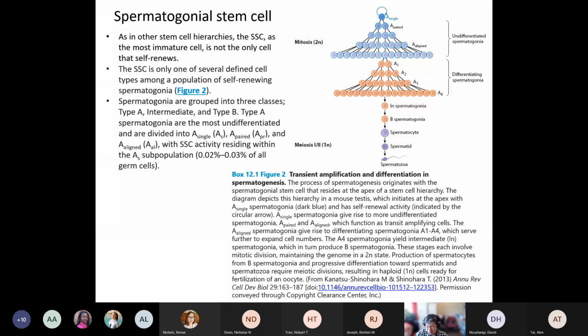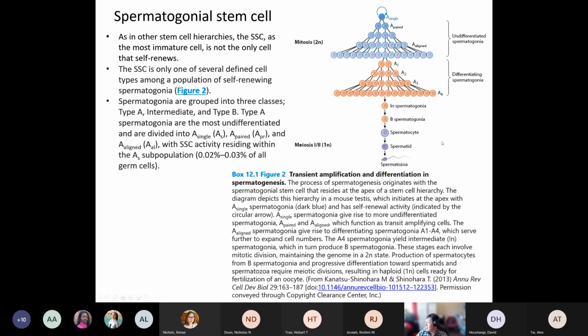You want to pinpoint the apex of the hierarchy and identify those cells, because for whatever conceptual or medical purposes, those are probably the most useful, because they are the ancestor of everything else. But you must understand the concept: in adult stem cells, often there is a hierarchy.